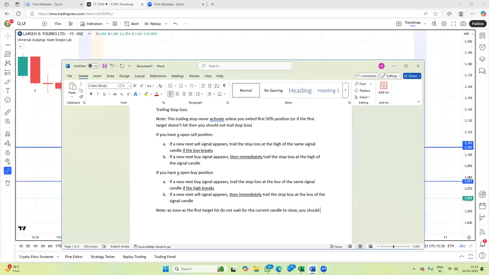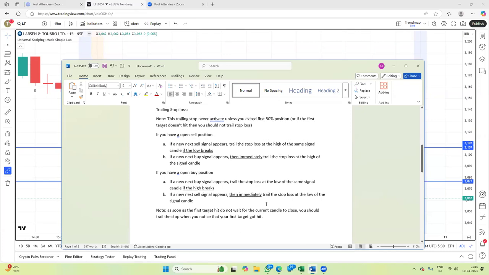You should trail the stop when you notice that your first target got hit. Clear? I believe that was your question, right?